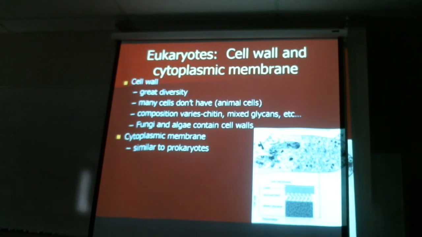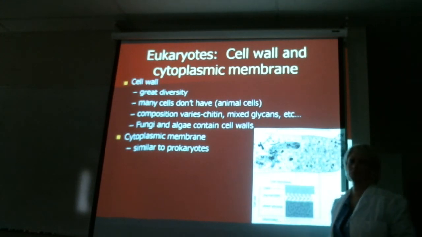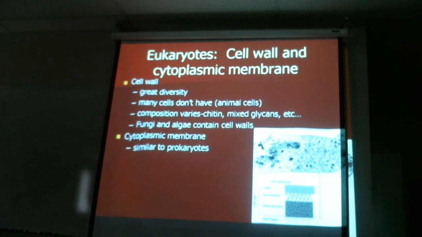Instead of it being peptidoglycan, this is what you typically find in a eukaryotic cell wall. Typically that cell wall you don't find, but if you do, it's got a little different composition, not peptidoglycan like you think.